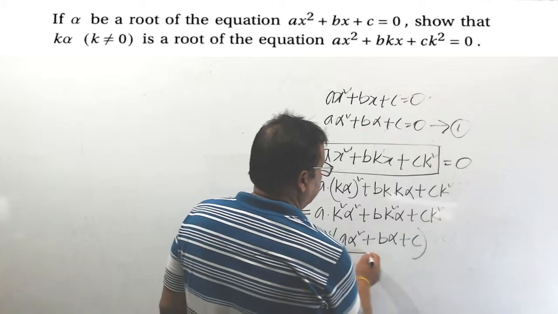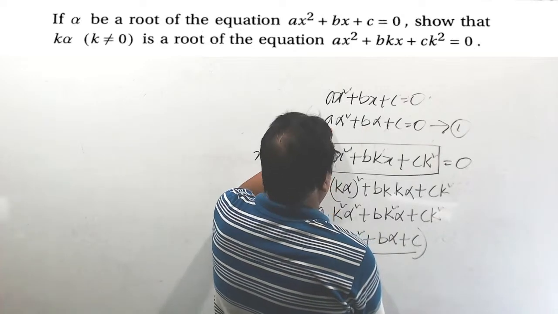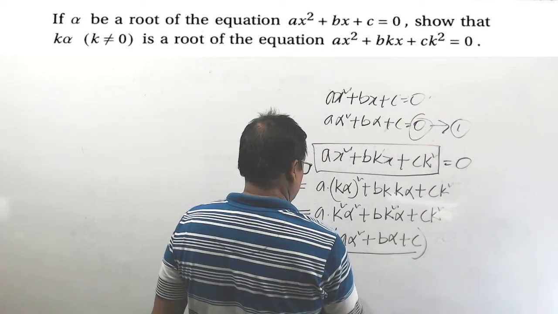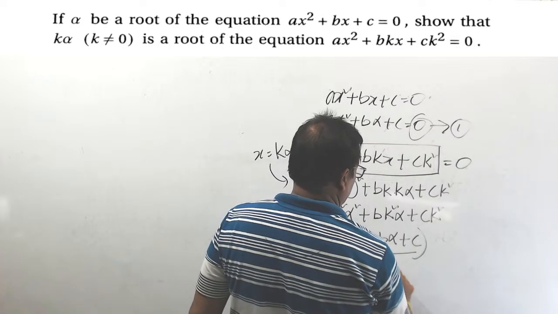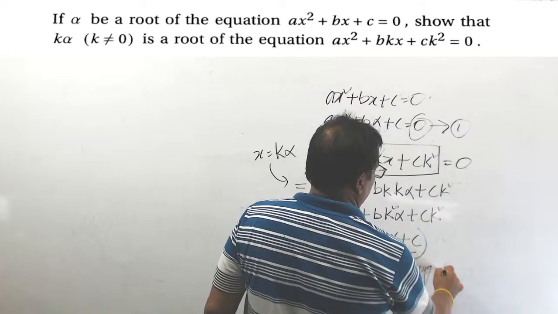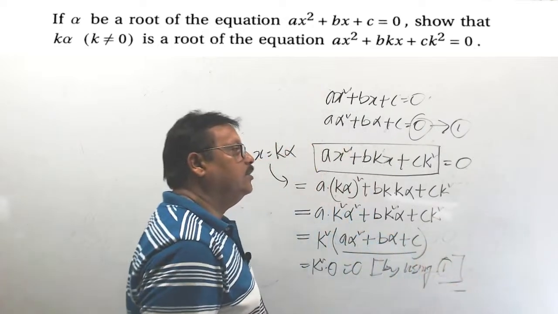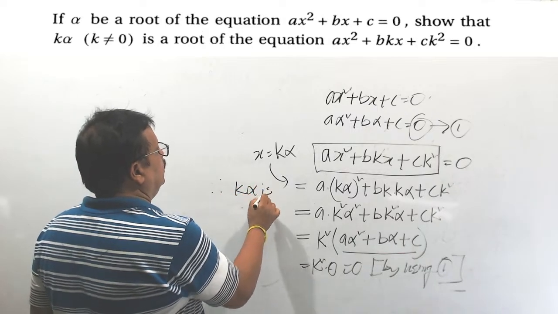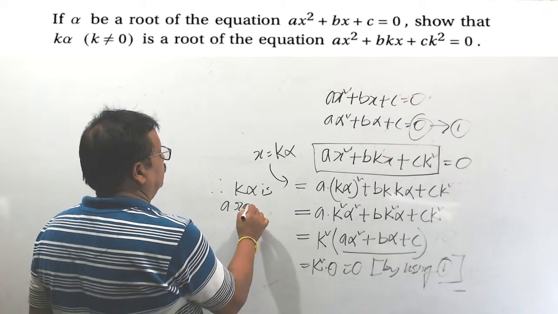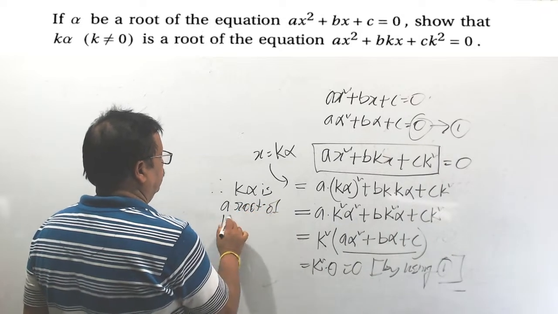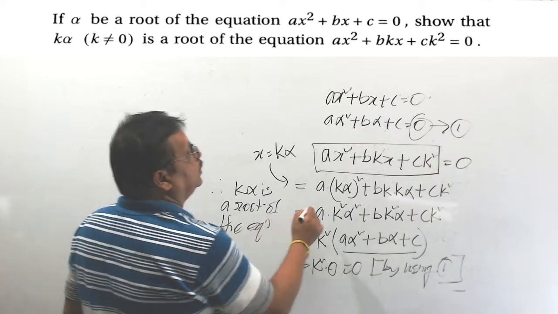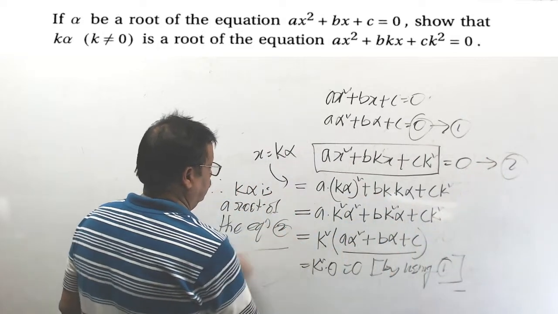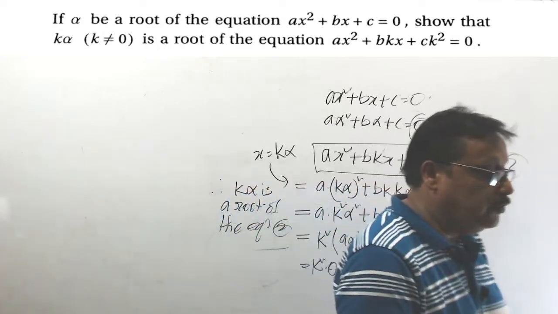What is the value of a alpha square plus b alpha plus c from 1? It equals 0. That is k square into 0 equals 0, by using 1. Therefore k alpha is a root of the equation, give it number 2. Understood? This is what you have to do.